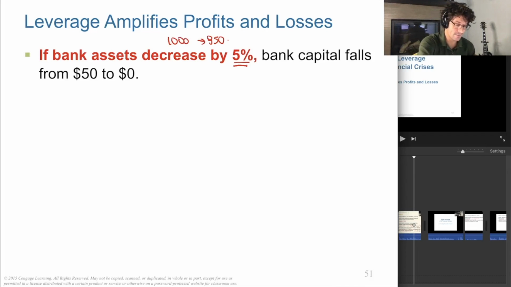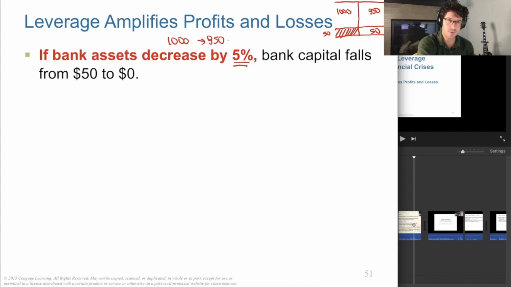Let us look at the balance sheet of the bank. It started at the beginning from 1,000, and you have 950 that you had to repay. Remember, you promised you will repay 950. You have 50 of equity. And let's suppose that for some reason assets now decrease by 5%, by 50.